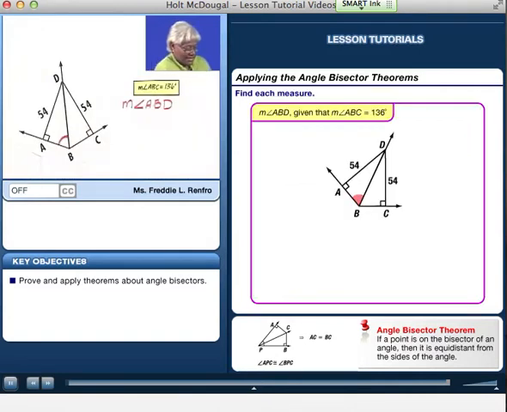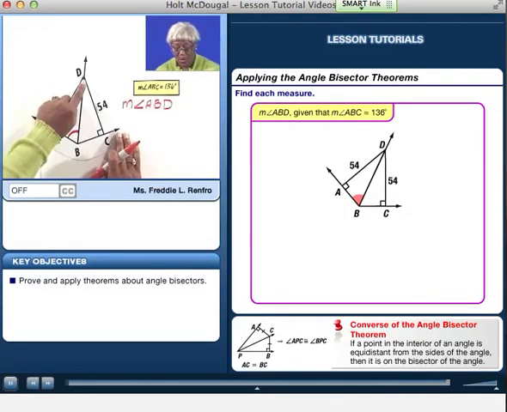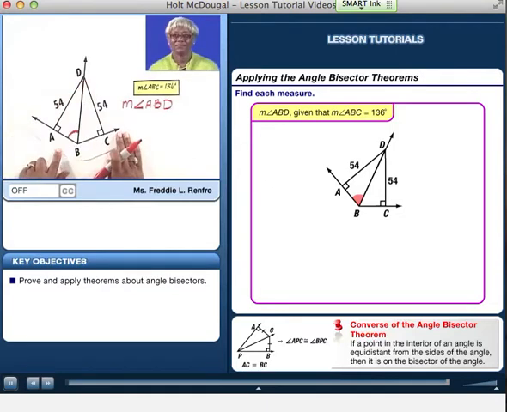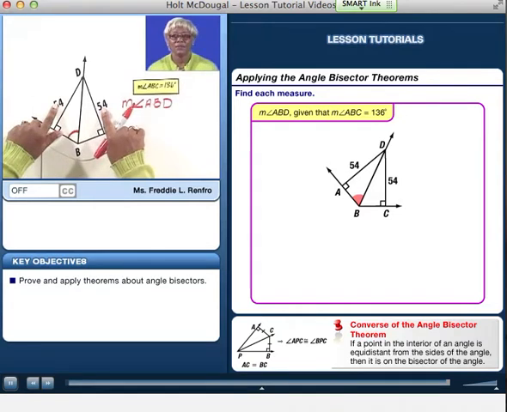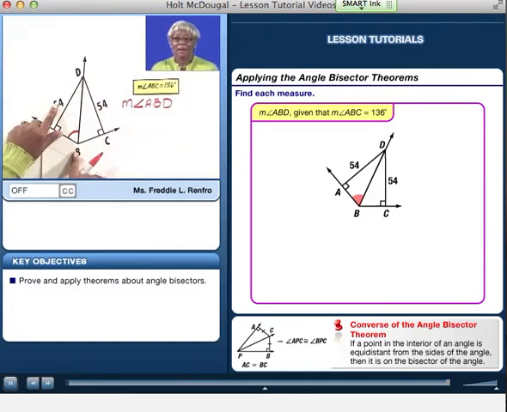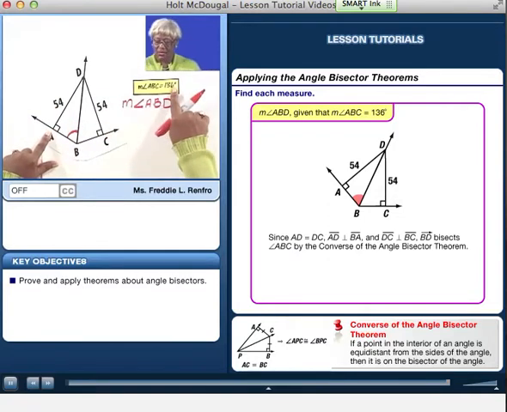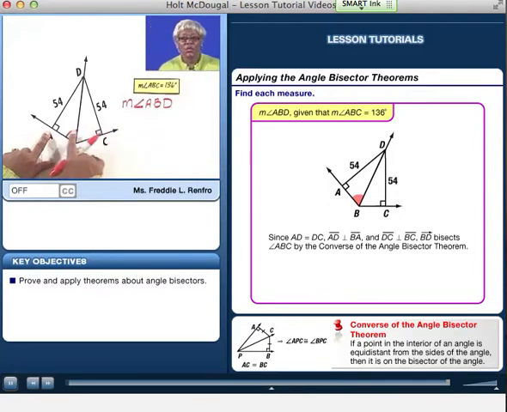Well, knowing that, point D is in the interior, point D is equidistant because they're both 54. Therefore, point D lies on the bisector of that angle. Well, if the whole angle is 136 degrees, what's each one?